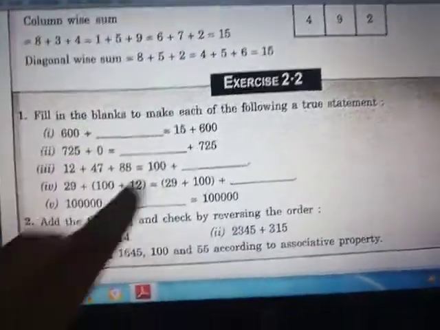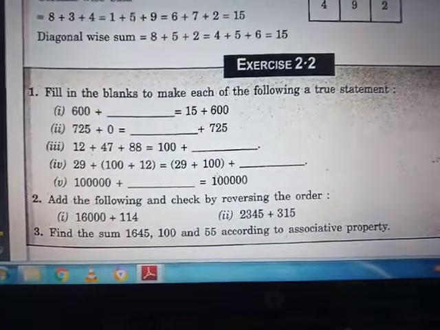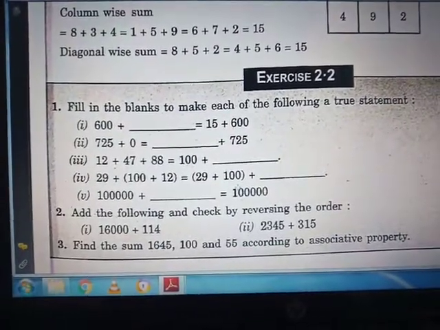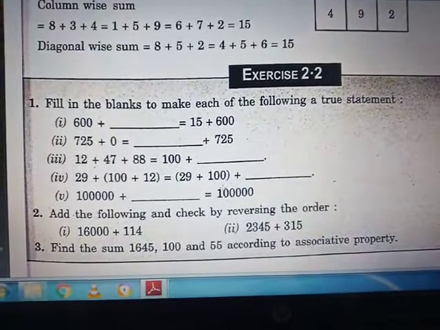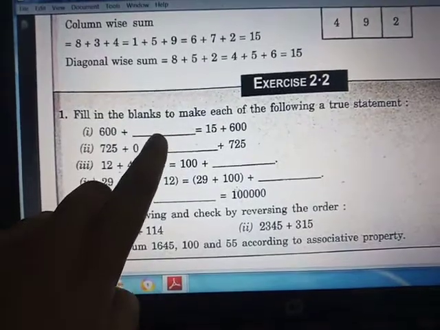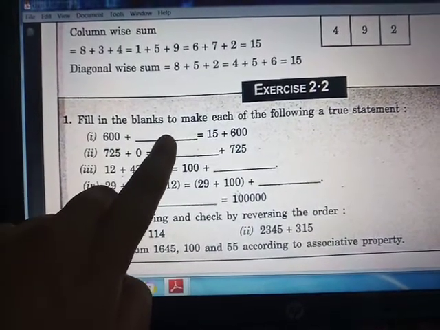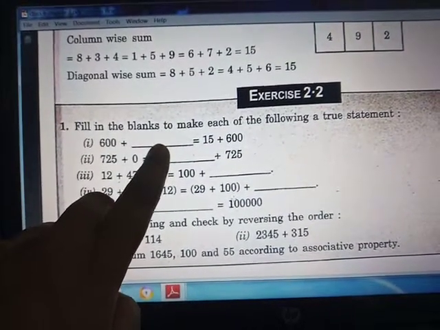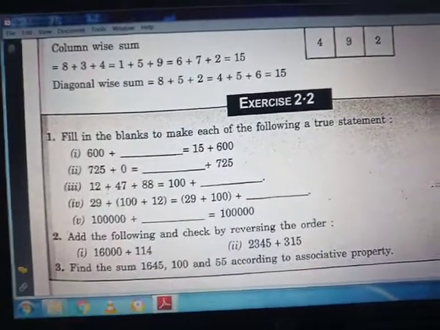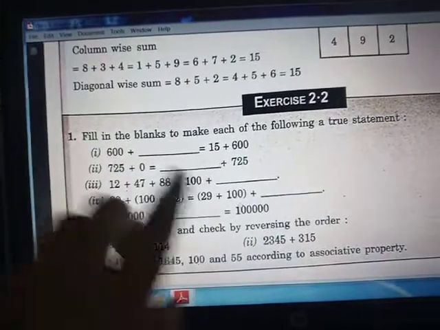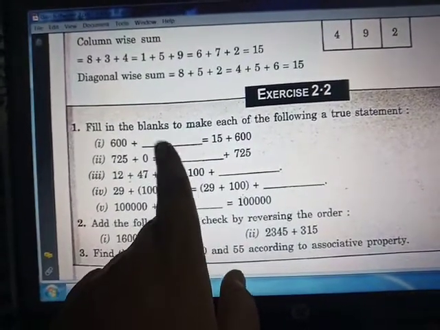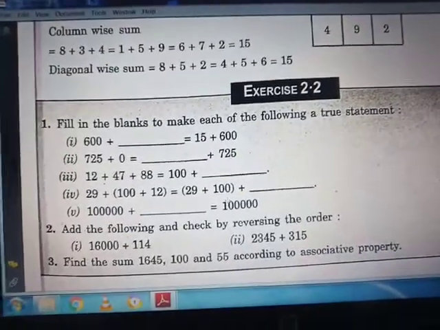If there is an equal sign between the left hand side and the right hand side, you have to put a number whose value will be equal on both sides. Here 600 balances 600, and on this side it is 15. If we write 15 over here, that will balance the whole value.